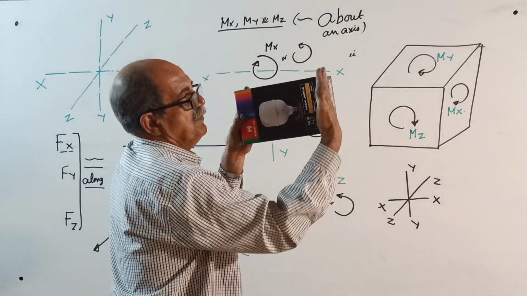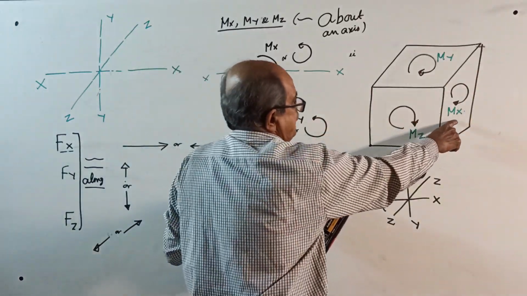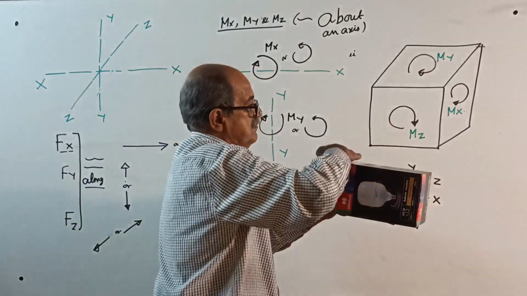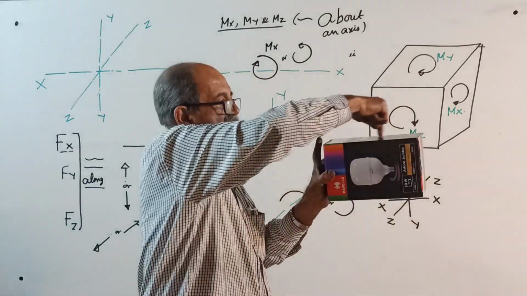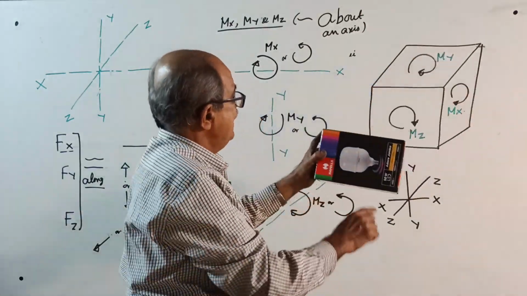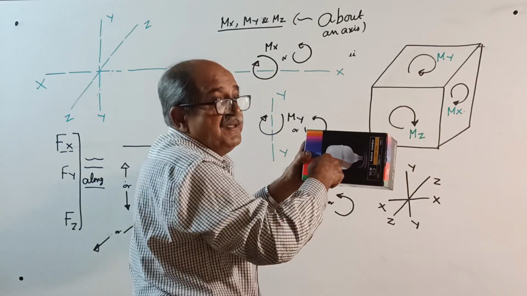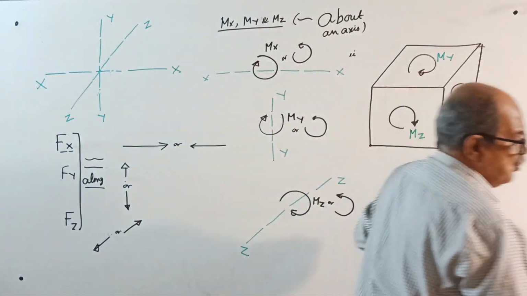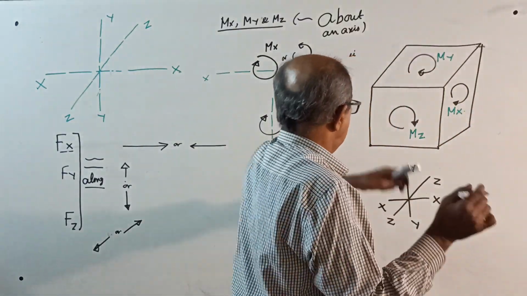If this is the couple applied, this is the axis, Mx. Then see here, My and Mz. Now, one very, very important note I will give after this.